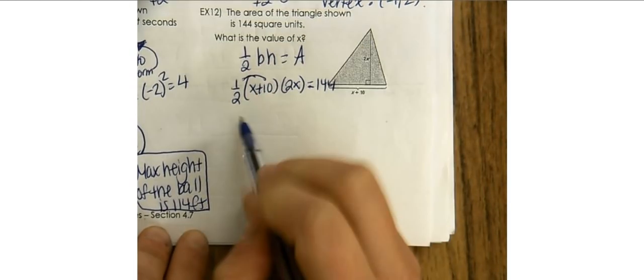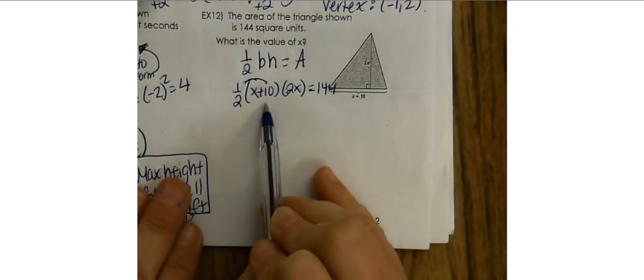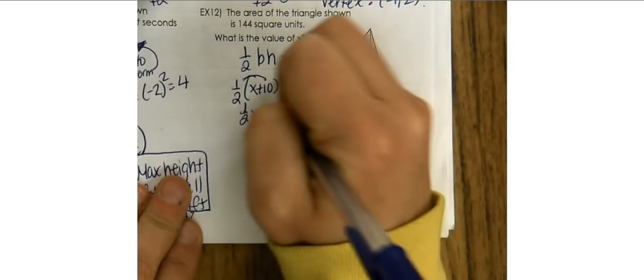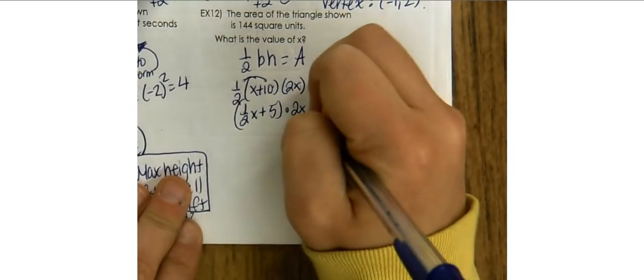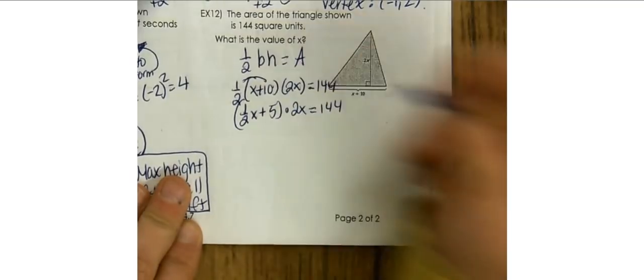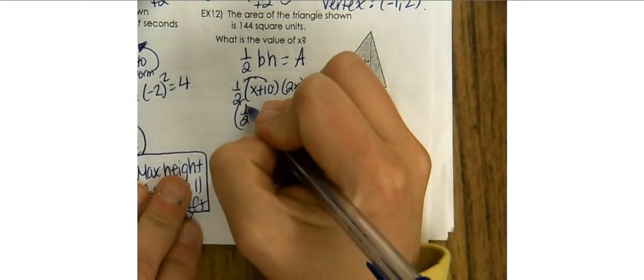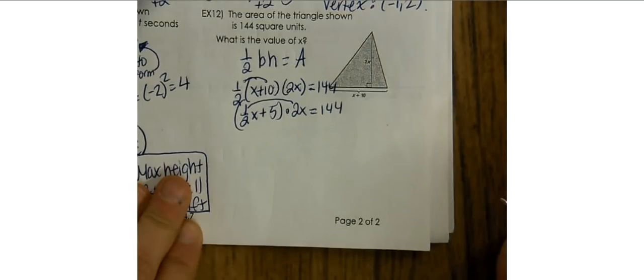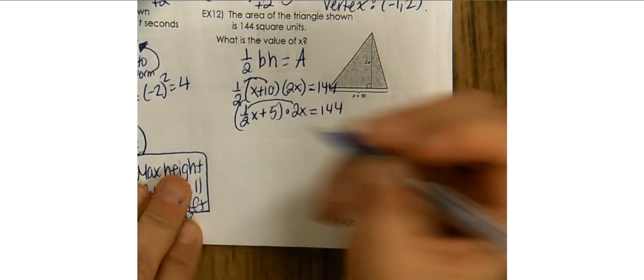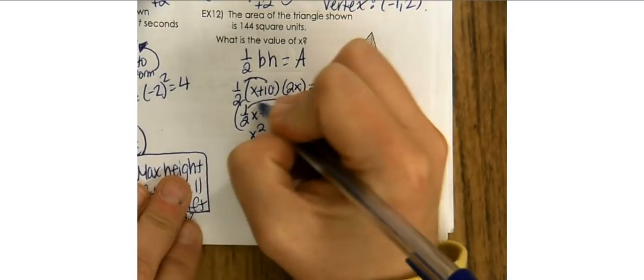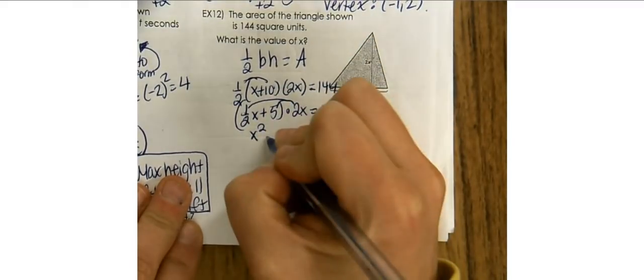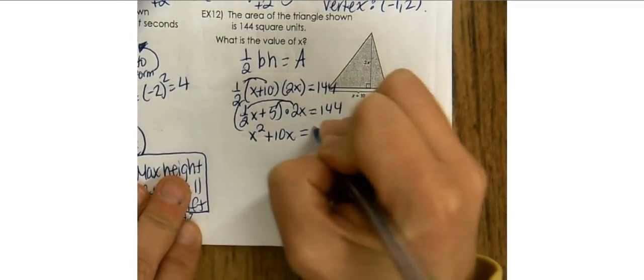I'm going to distribute 1/2 into my first parenthesis, and that's going to be 1/2 x plus half of 10, which is 5. And I'm going to multiply that by 2x, and that's going to be equal to 144. So 1/2 times 2x, half of 2 is 1x squared, and then 2x times 5 is plus 10x, and this is equal to 144.